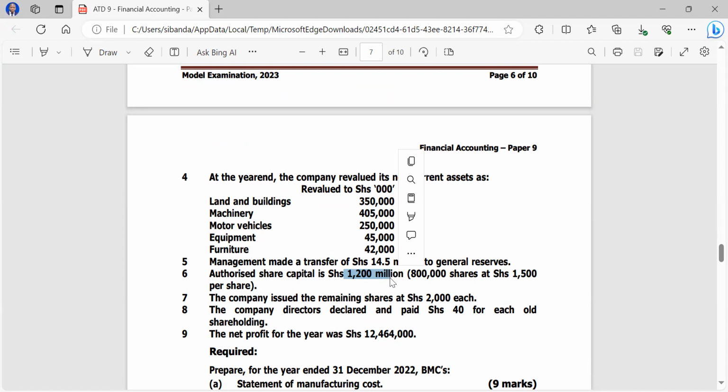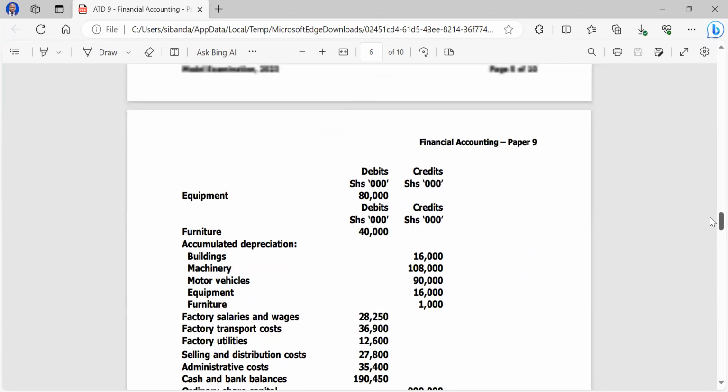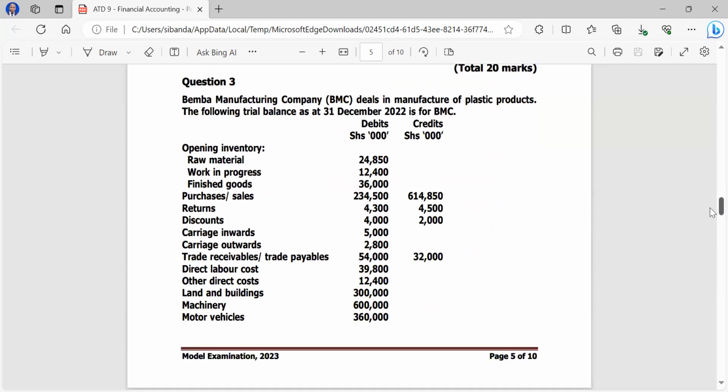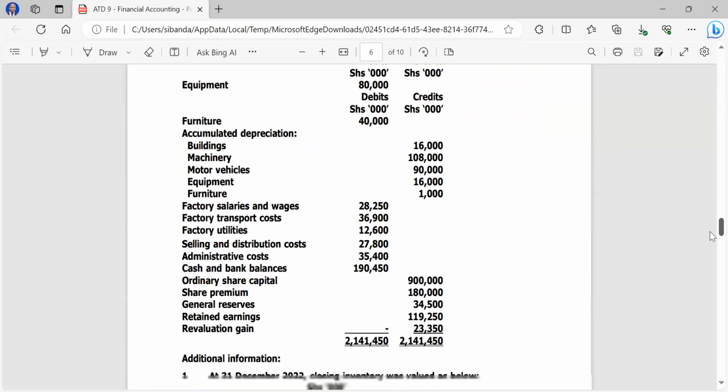So what this means is we are going to compare our authorized share capital with what we already have as issued. With what we already have as issued.